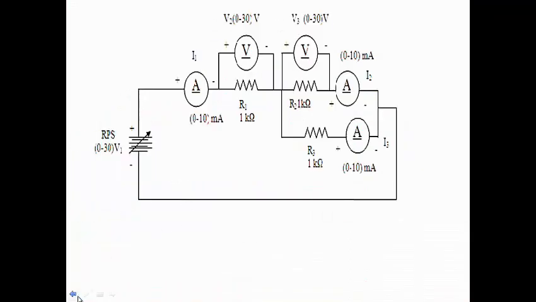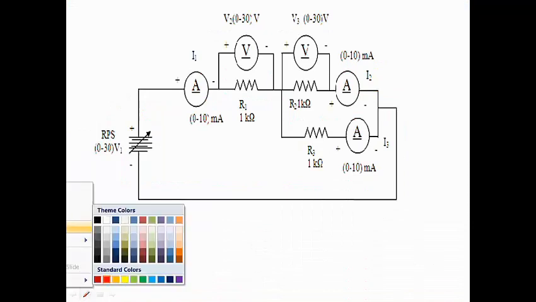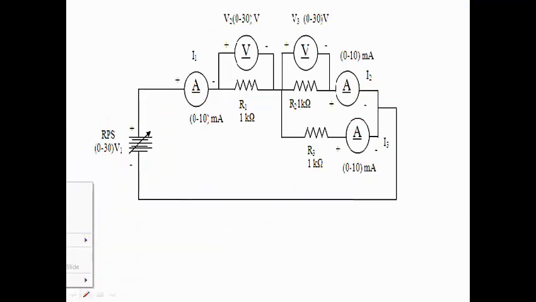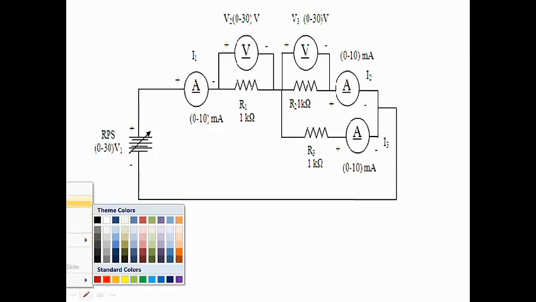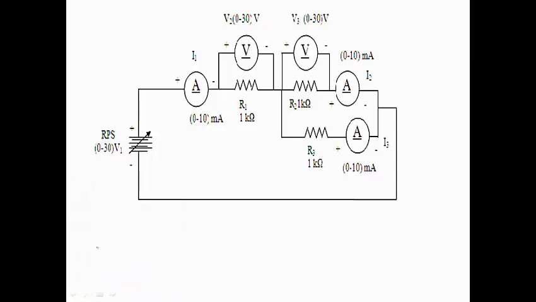So for this circuit, now I am going to perform manual calculation for a given voltage of 25 volts. Okay, so I am going to set V1 equal to 25.